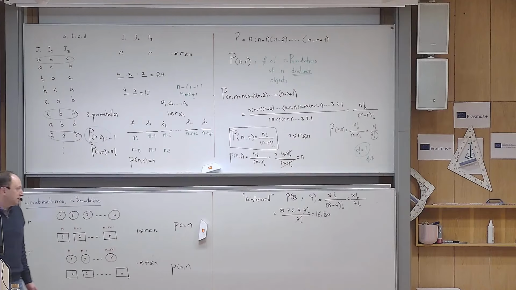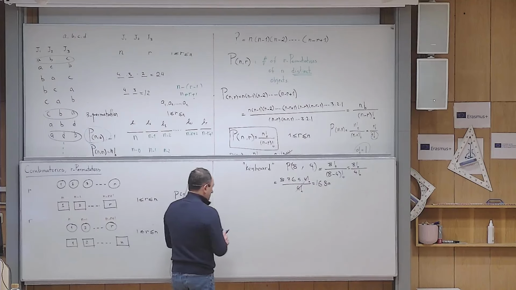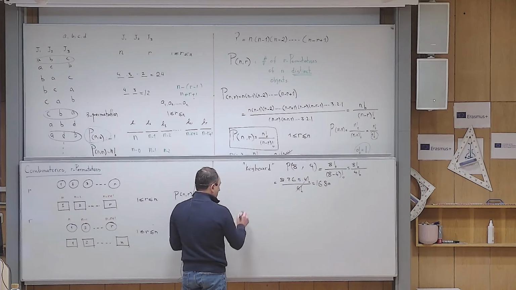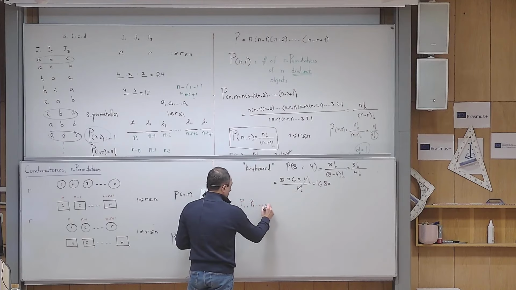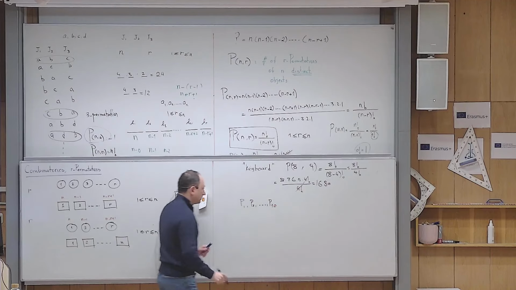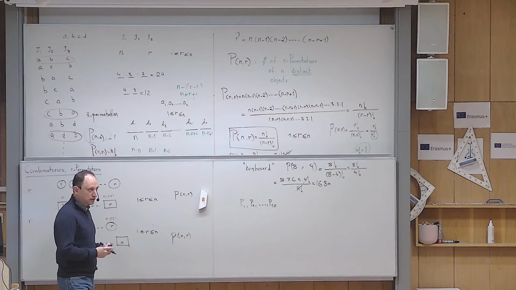Do you remember we had this problem before? So let us say that I have 10 people. 1, 2, up to 10. Okay, in how many ways can I arrange them? 10 factorial.